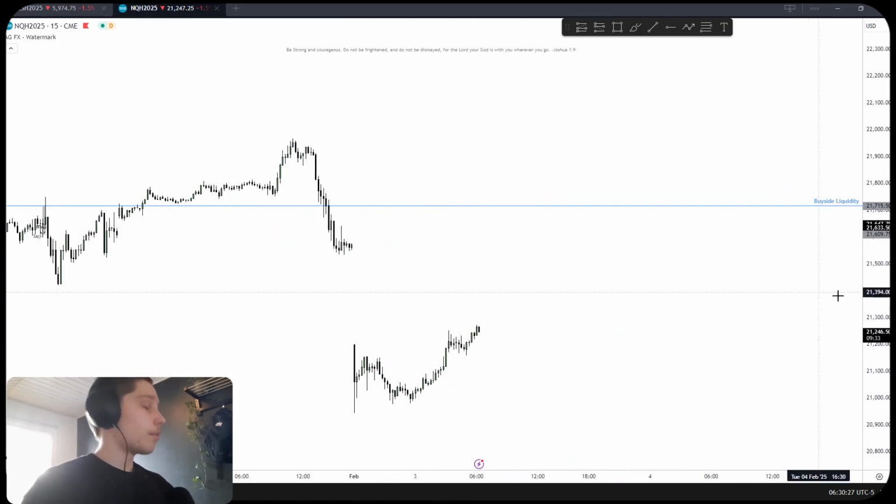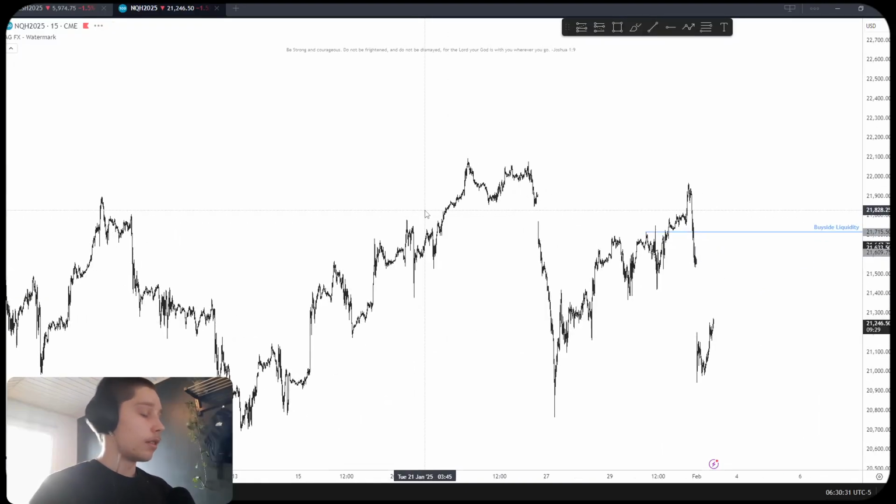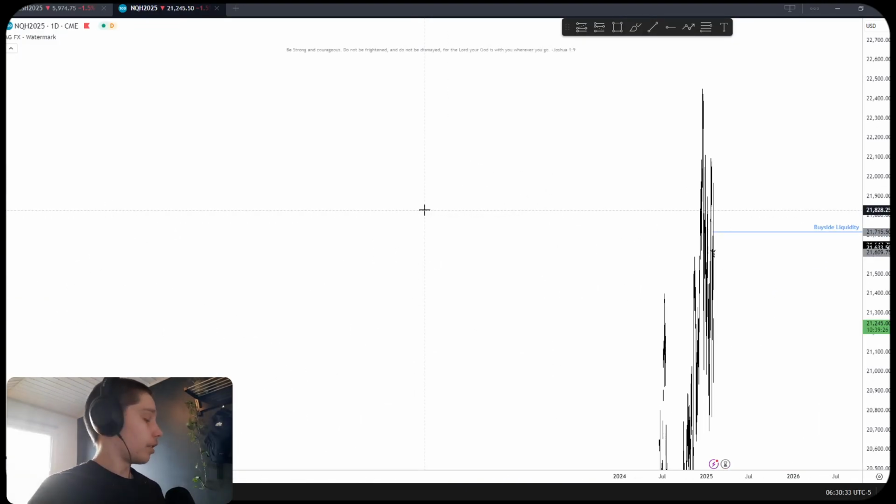I will write my rule sets down as well here because this is not a very complicated strategy. It's basically just the ICT 2022 model, and I also utilize IFVGs. The problem with the ICT 2022 model is that it's kind of based on rules, but when I watch the 2022 playlist, I don't get the exact rule sets.